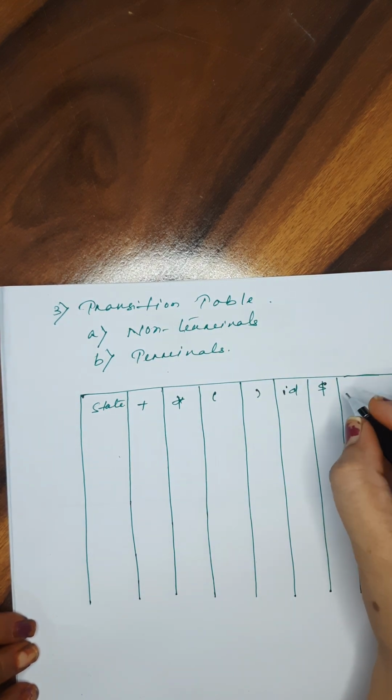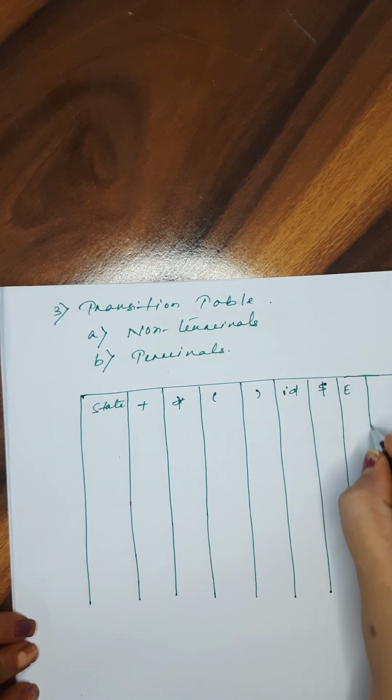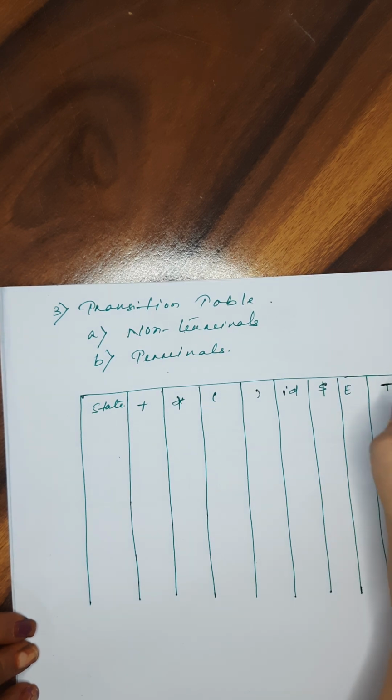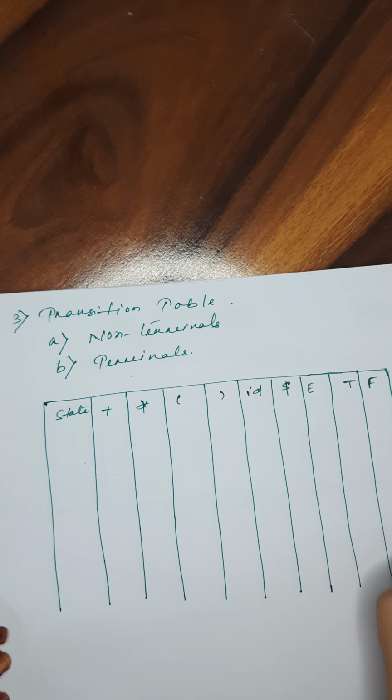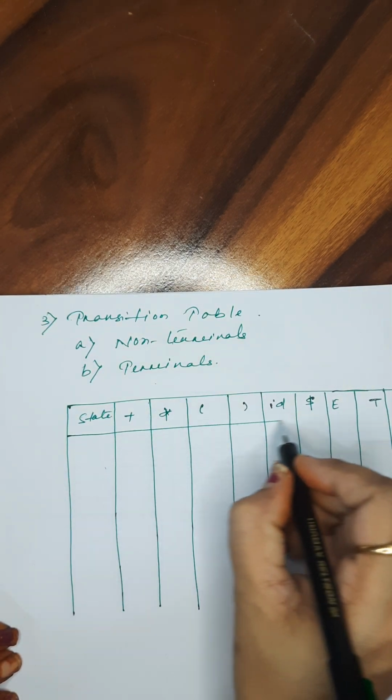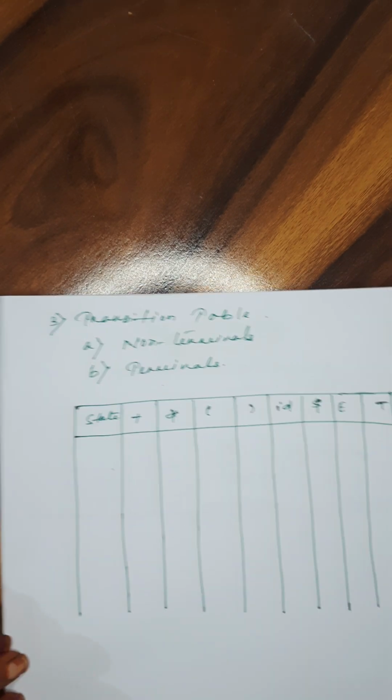So what were the non-terminals? E, T and F, all will be there. Now, what were the item sets?